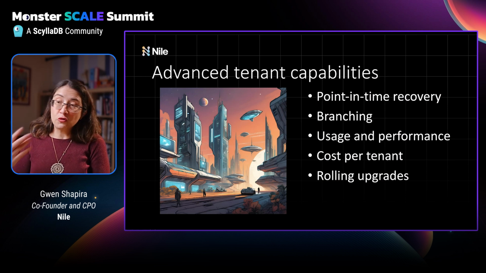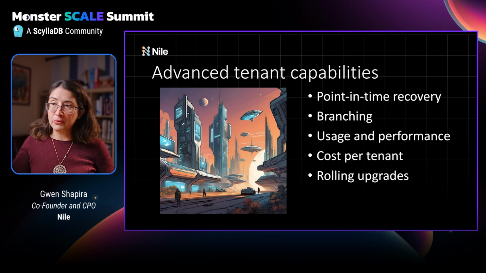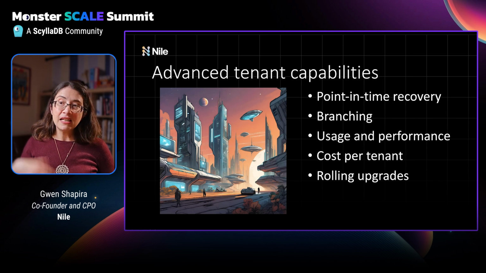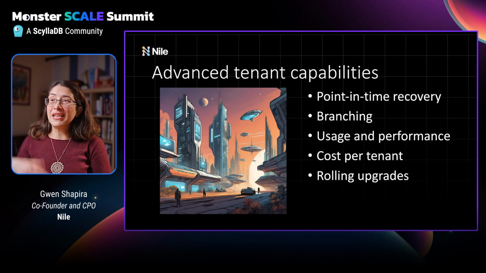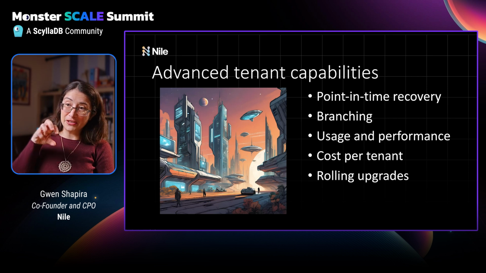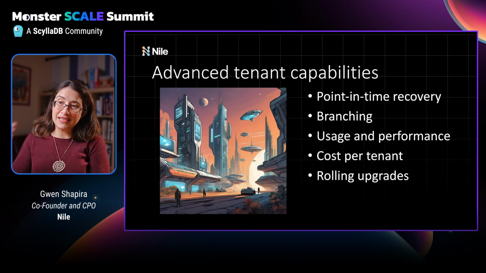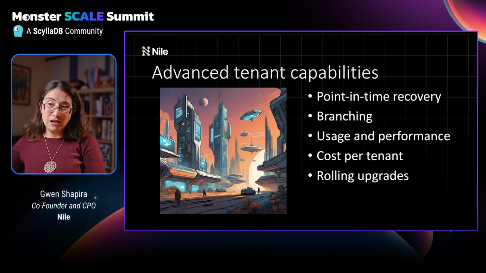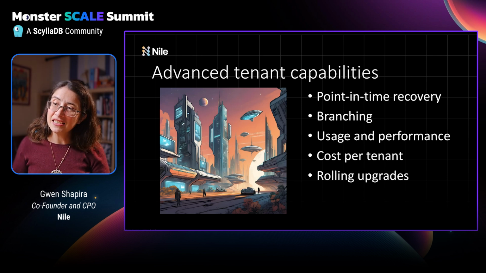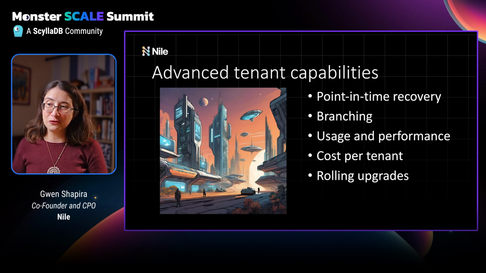We can track the usage and performance of every tenant individually. How much are they actually costing you? We can do point-in-time recovery for one tenant because we have separate storage for each tenant. We can branch specific tenants if we want to run some tests on how a feature will impact this tenant. So a lot of cool stuff we can do here.